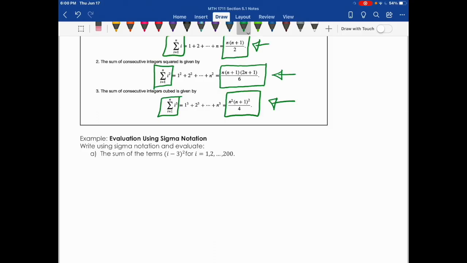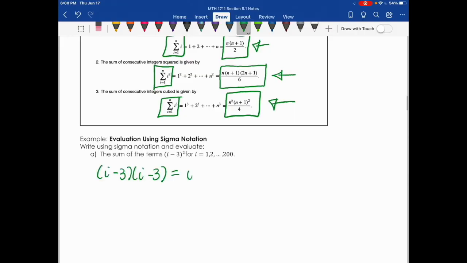Okay, for part A, it says we're going to find the sum of the terms (i minus 3) squared for i equal to 1 to 200. So what I'm going to do is (i minus 3) times (i minus 3), so I can square it.